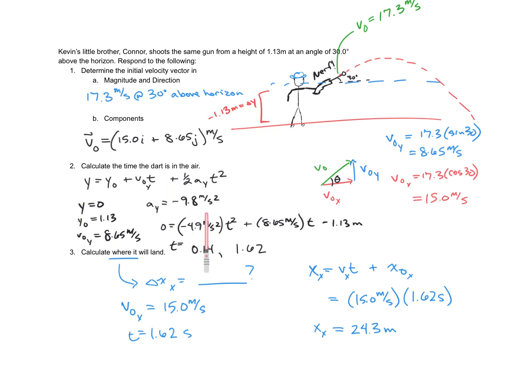Okay, now we have a new calculation for time. It's really the same formula. It's just that the velocity in the y direction at the beginning is different than it was in the problem where Kevin was shooting the Nerf blaster. So the displacement again is going to be negative 1.13, so final minus initial, negative 1.13.